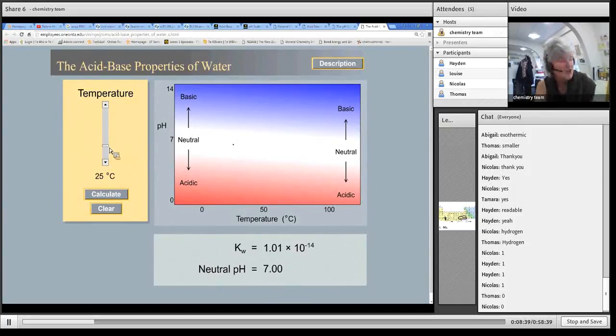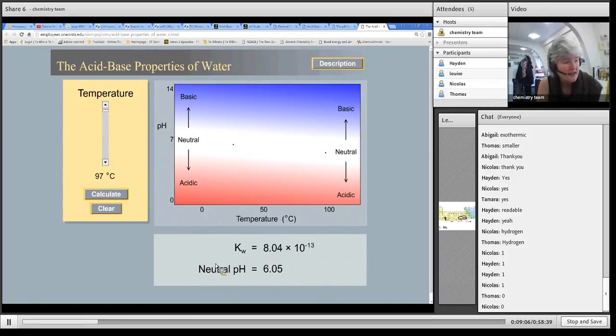If I change my temperature, if I increase my temperature, and I calculate now, I'll make it close to boiling. Okay, notice what's happened to the pH. It's dropped to nearly 6. So boiling water does not actually have a pH of 7 if it's totally neutral.